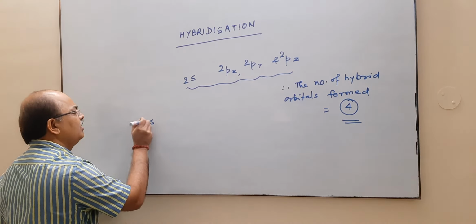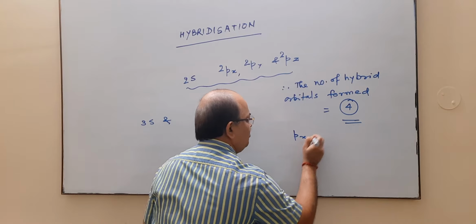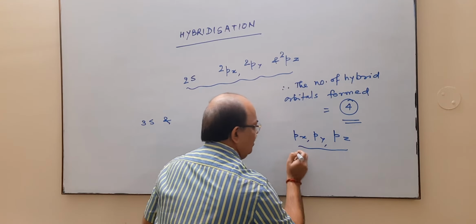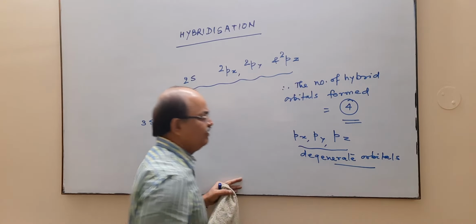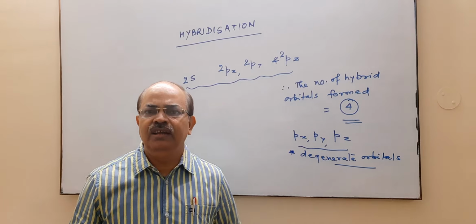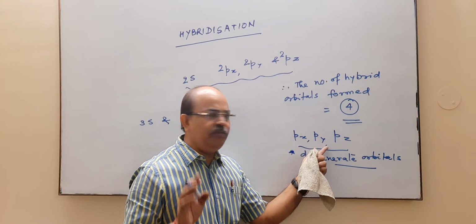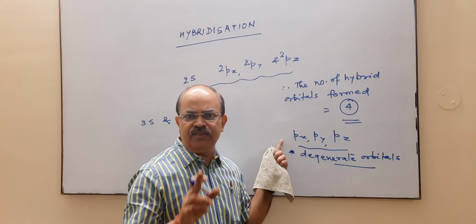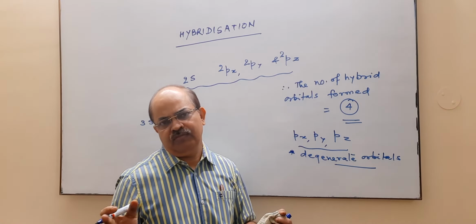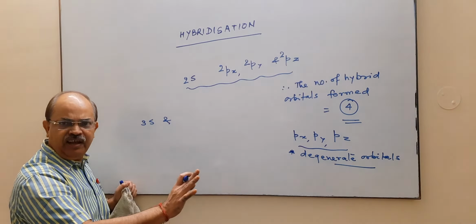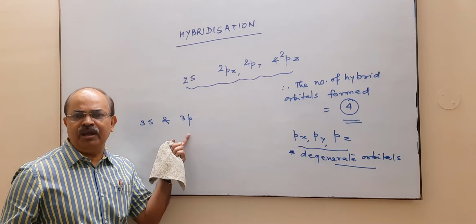Say one s orbital, that is 3s, and one p orbital, only one p, either of the p's, because you know this px, this py and this pz are called degenerate orbitals. What does degenerate mean? Degenerate means their energy is the same. The energy of px is the same as py and pz. Suppose px has energy 100 kJ, then py also has 100 kJ and pz also 100 kJ. So for example, if this is 3s, then here we have to take 3p.